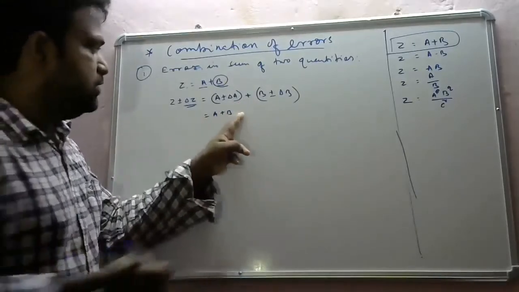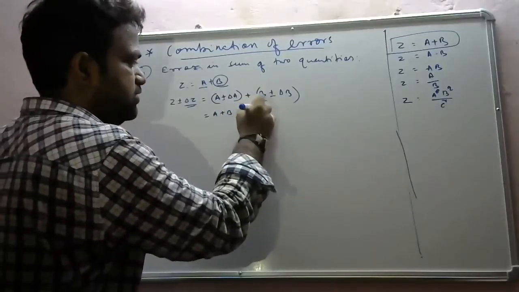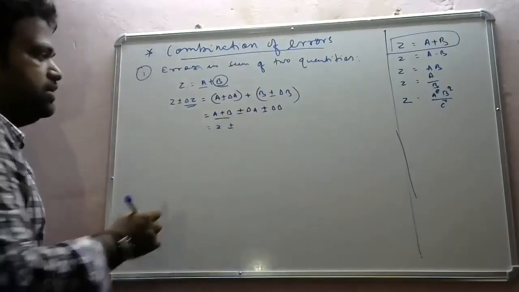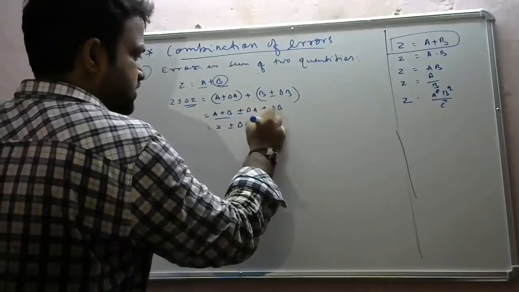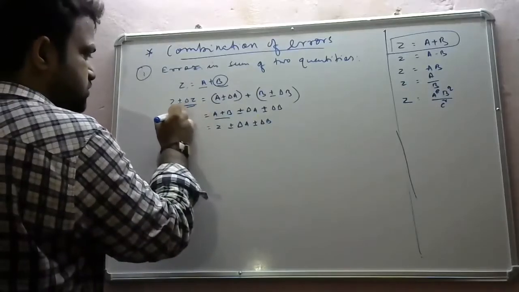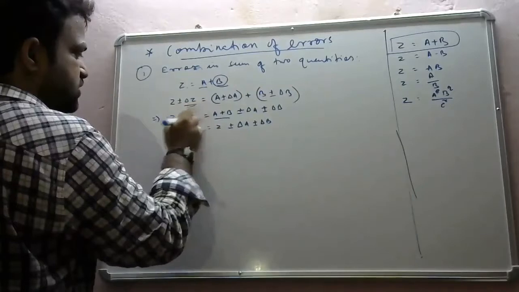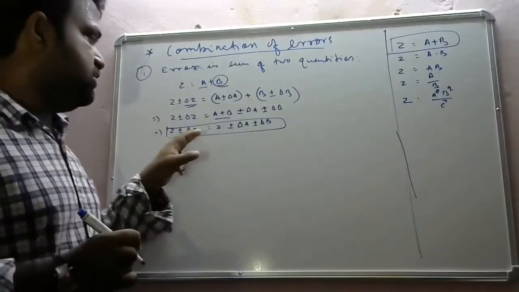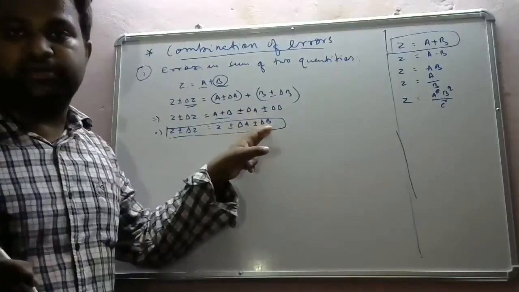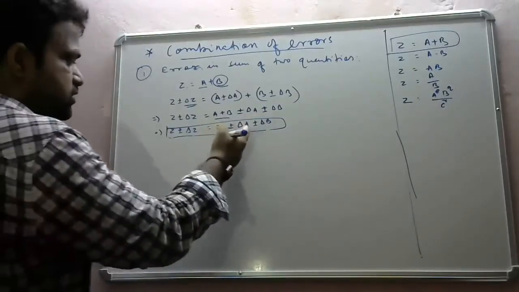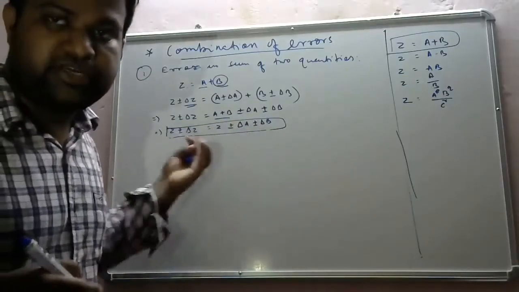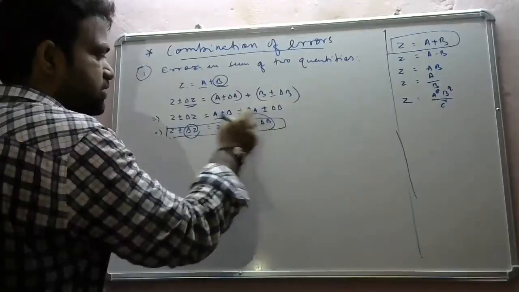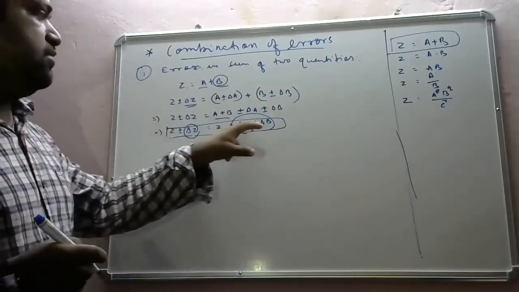Then this will be plus minus delta A plus minus delta B. Now A plus B is your Z. What remains is plus minus delta A plus minus delta B. So we can write Z plus minus delta Z equals Z plus minus delta A plus minus delta B. If you compare the left side and right side, you can easily see that this delta Z will be the rest of the part, plus minus delta A plus minus delta B.